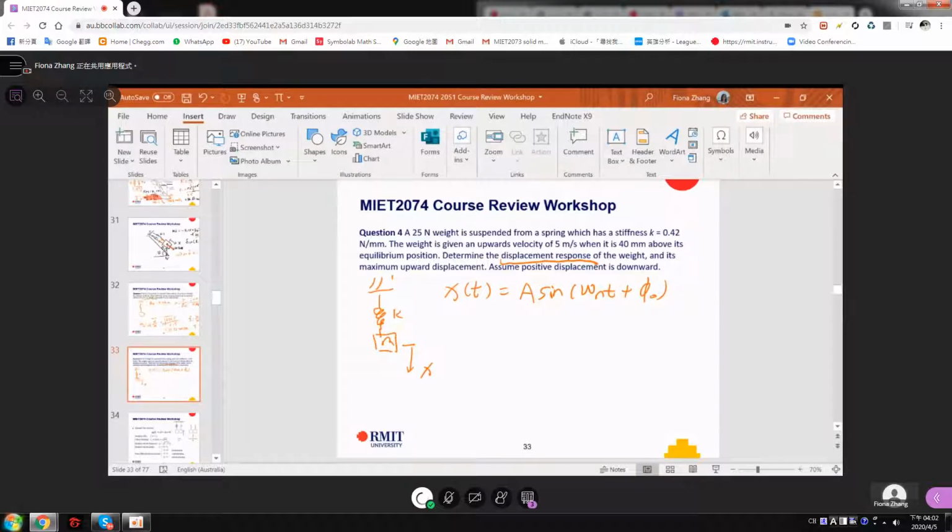Okay. So the initial condition is, when t is equal to 0, an upward velocity of 5 meters per second, and the mass is 40 millimeters above its equilibrium condition.